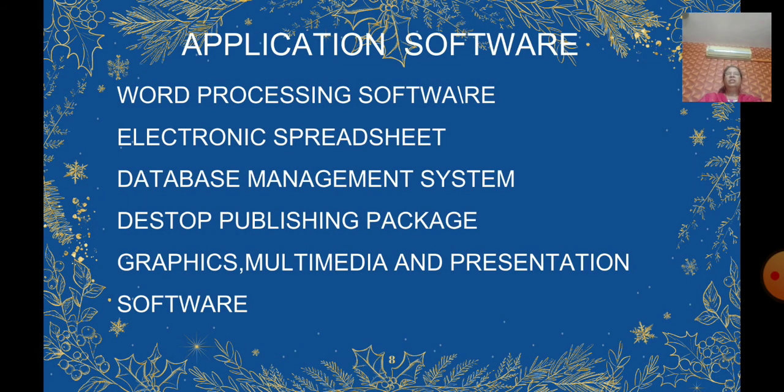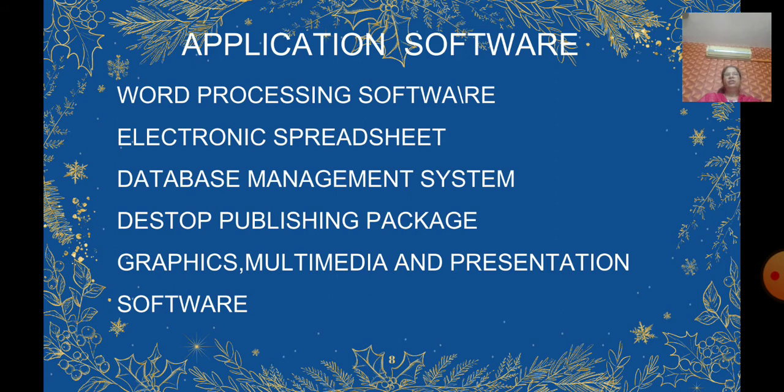Now application software. What is application software? Application software is a set of programs used to perform specific types of jobs, like making calculations, arranging organized data, and making PowerPoint presentations, DTP. These are all application software.